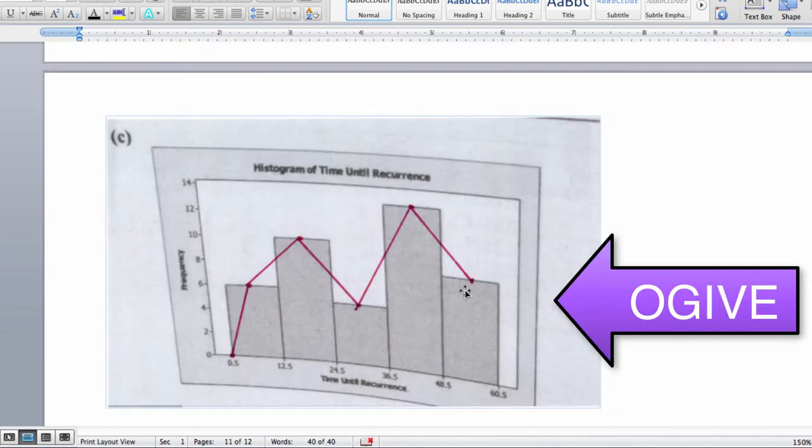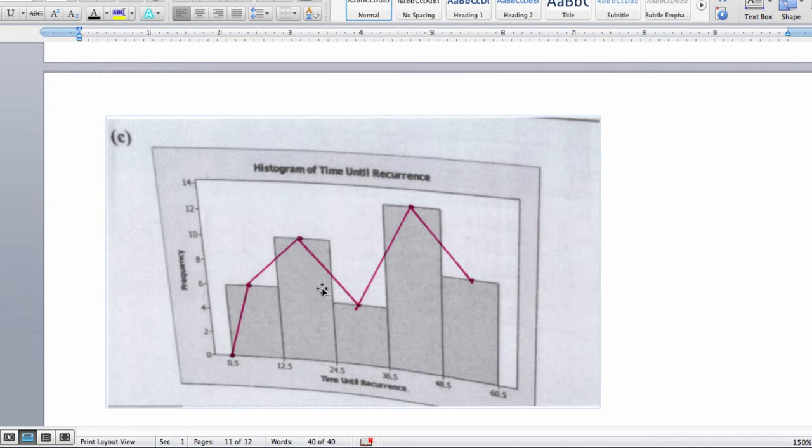And then OGIVE. OGIVE is taking the histogram and connecting the dots. Take the information from your frequency table for each class. You will make a dot on the histogram where the upper class boundary is located with respect to the cumulative class frequency. So in this case, you have 6 for the first class, then you have 10, and so forth and so on.